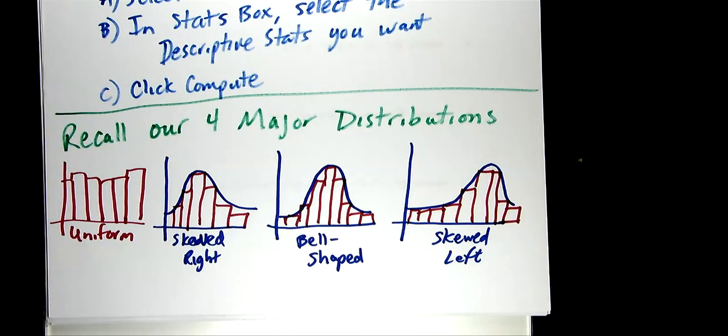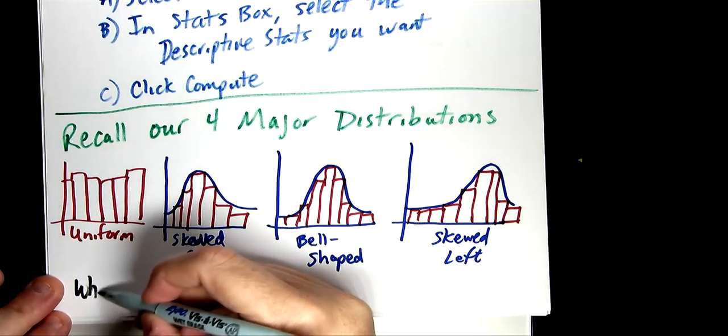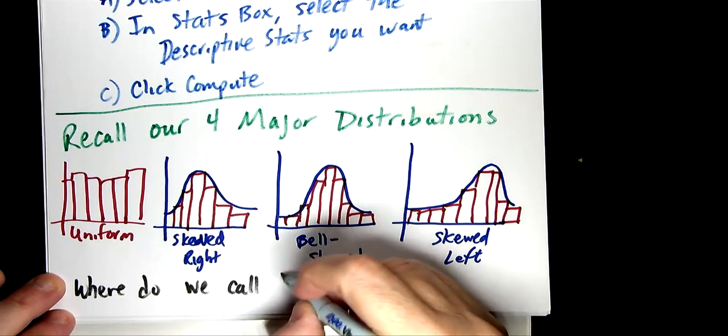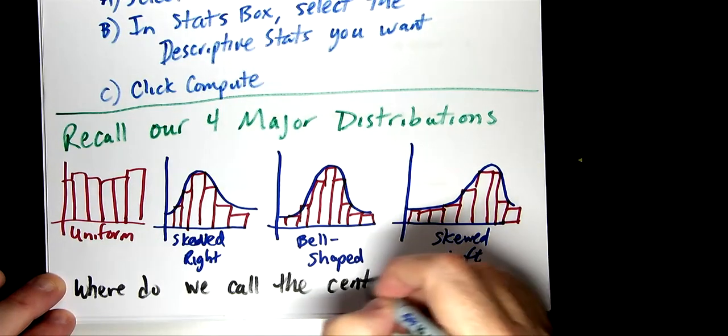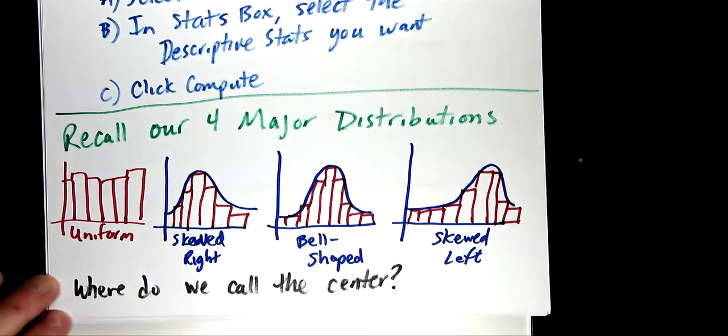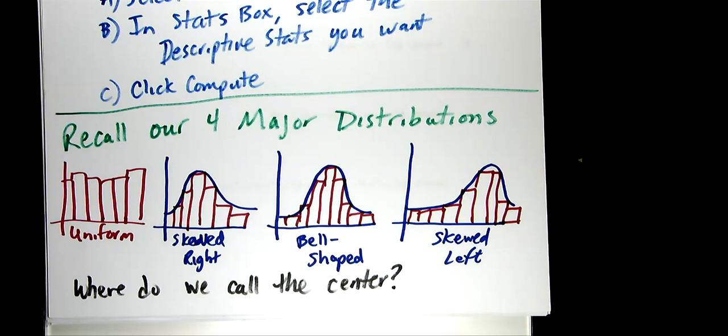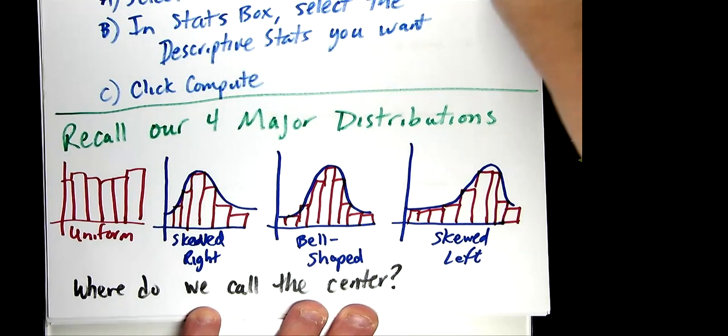So this section is called measures of central tendency. Where do we call the center? On the uniform distribution, center doesn't really mean a whole lot, like all the data's everywhere.